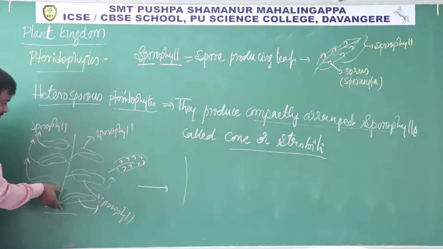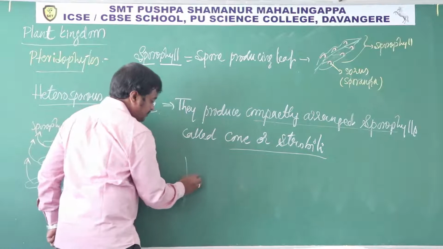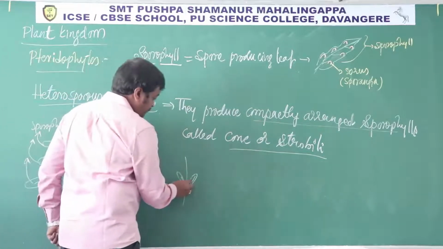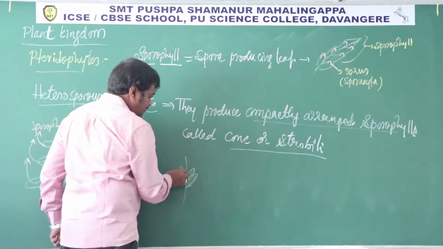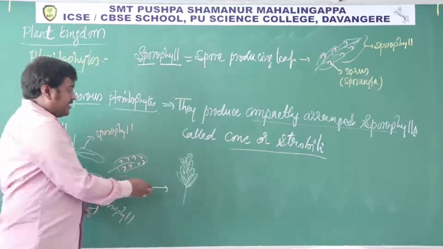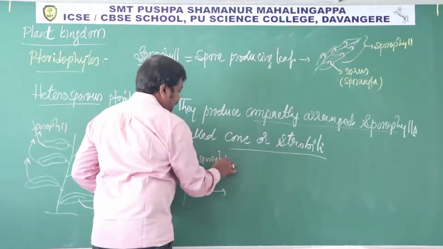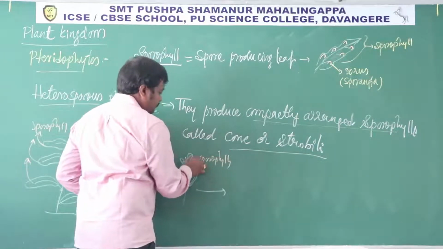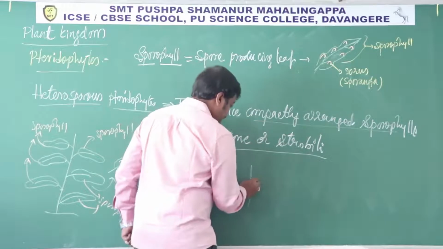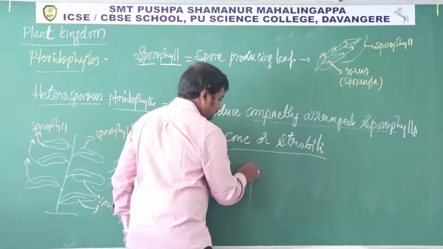The gap between these leaves becomes short. I have numbered them 1, 2, 3, 4, 5, 6. So these are the six sporophylls, and all of these are sporophylls, compactly arranged.